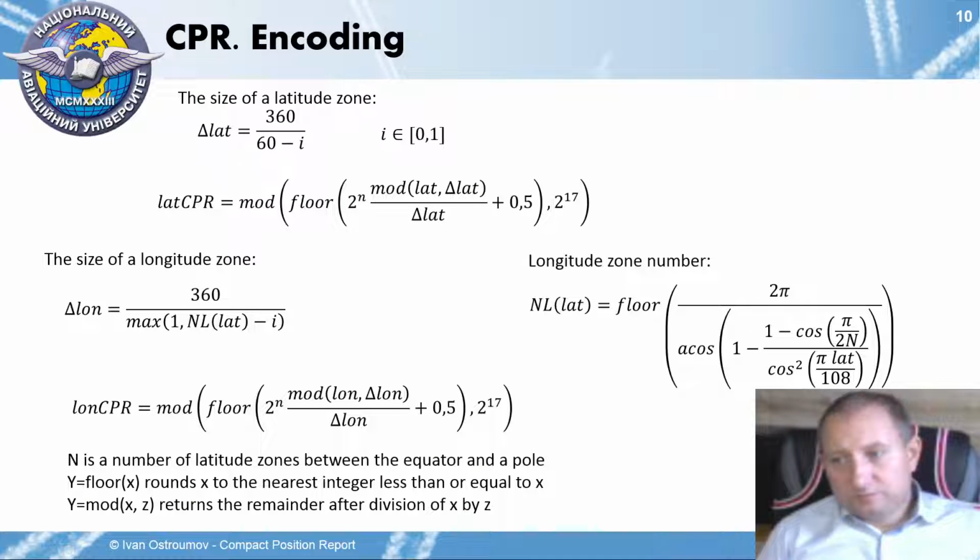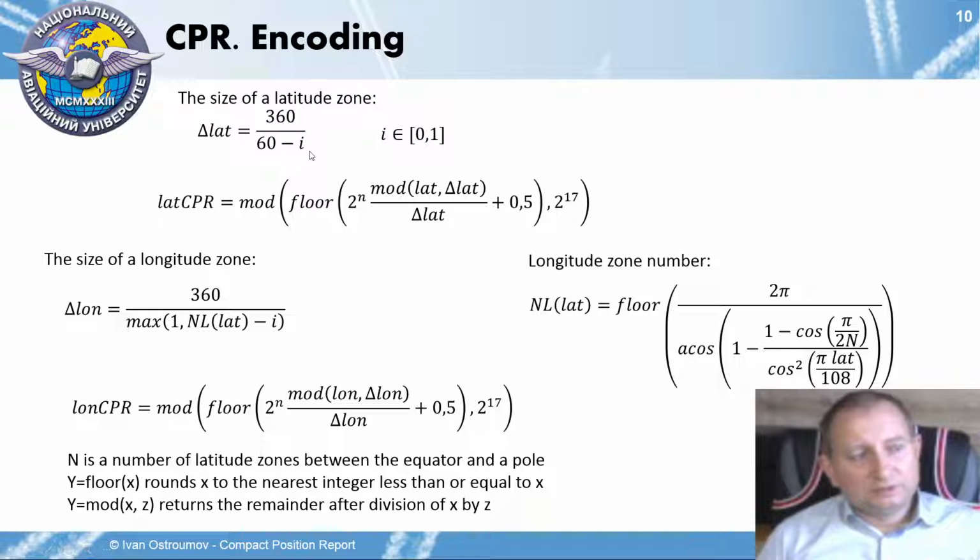And time for formulas. You may think that it is quite complicated, however, it is not. For example, coded latitude we can count by this not very complicated formula. To do that, we need to know the size of latitude zones. That's why it will be delta latitude, which we count as 360 divided by 60.